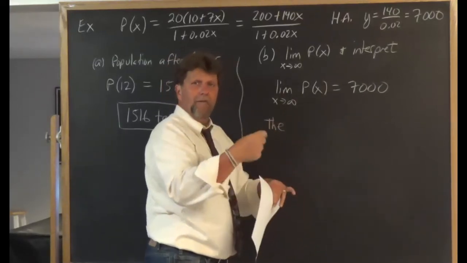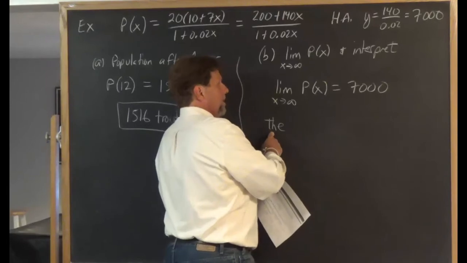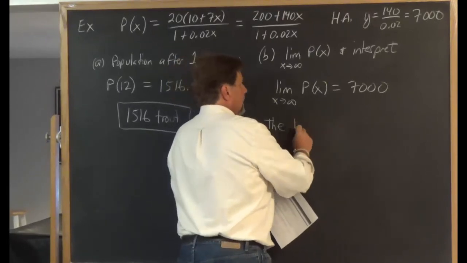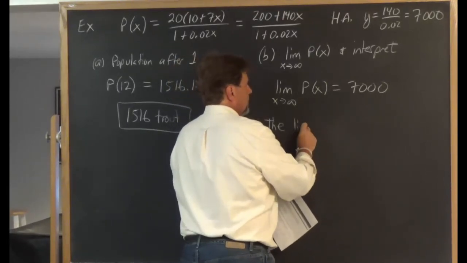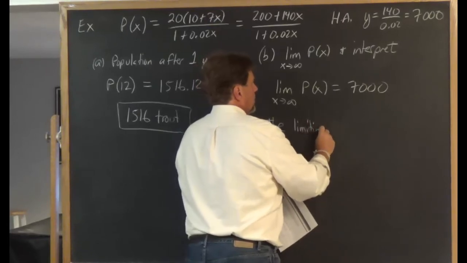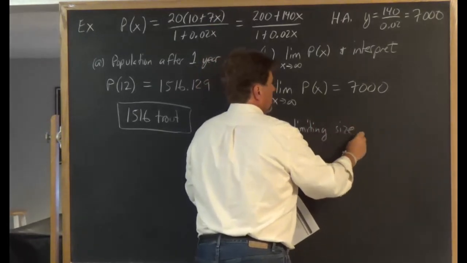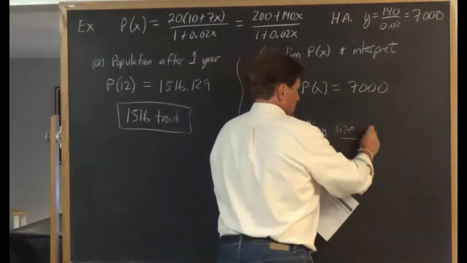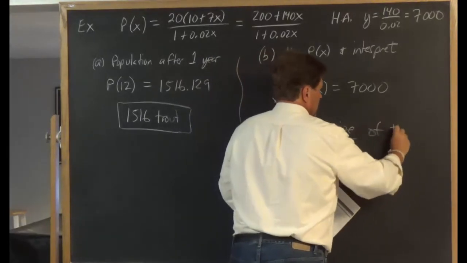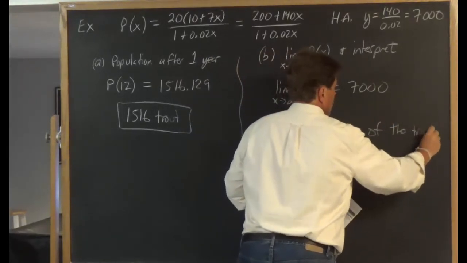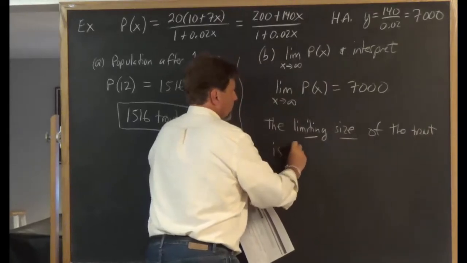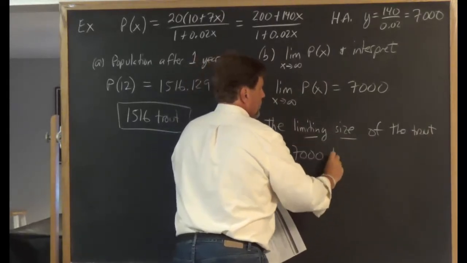I'll write down one of them and mention the other ones. But it means that the limiting size of the trout, it's 7,000 trout.